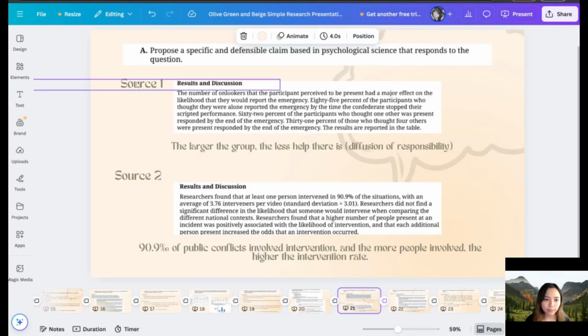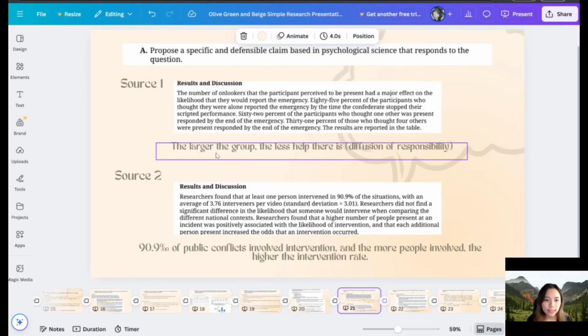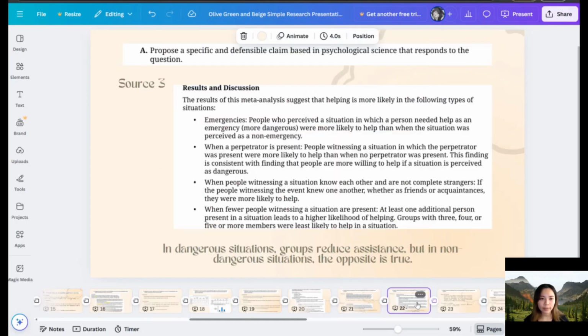So for example, in the set 2 practice, source 1 basically says the larger the group, the less help there is, which is the diffusion of responsibility. Source 2 is about 90.9% of public conflicts involving intervention, and the more people involved, the higher the intervention rate. Just make a 1 to 2 sentence brief summary for the whole source like this. It'll be really, really helpful for you to make a claim. Okay?